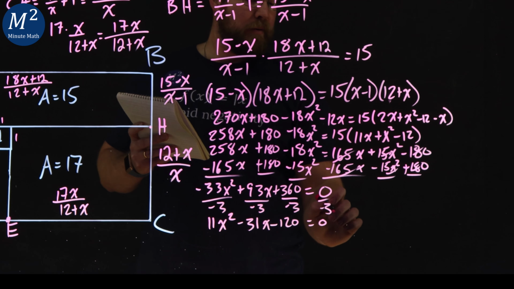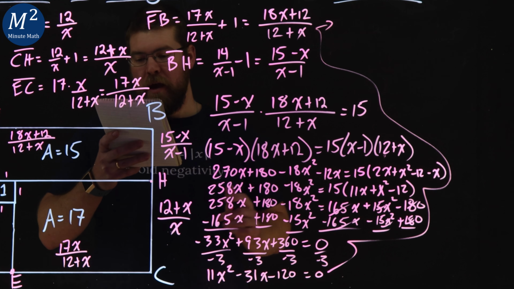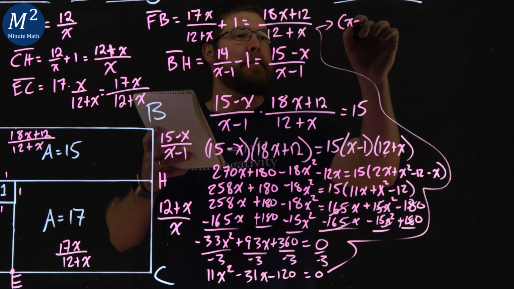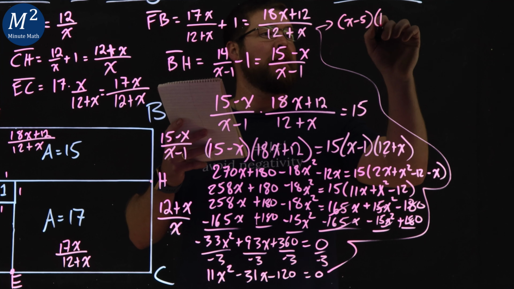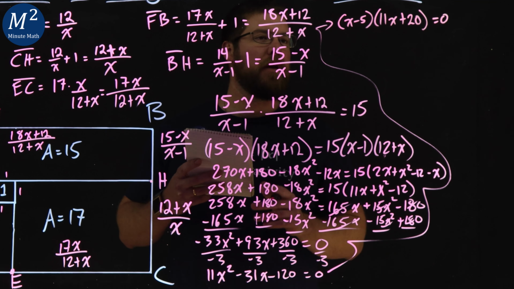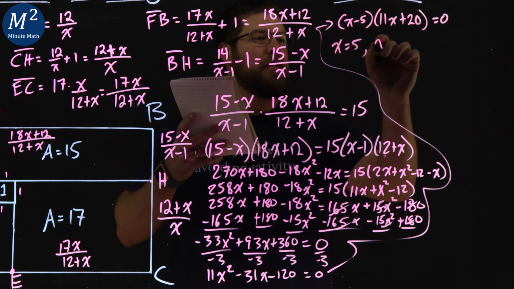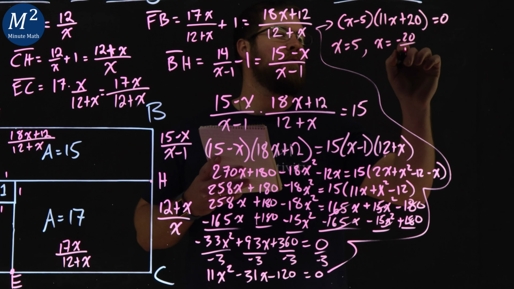That factors out. I'm going to put that up here. Hopefully we have enough room. I might have to erase soon. But that factors out to be x minus 5 times 11x plus 20 is equal to 0. Solve for that, we have x equals positive 5 and x equals negative 20 over 11.